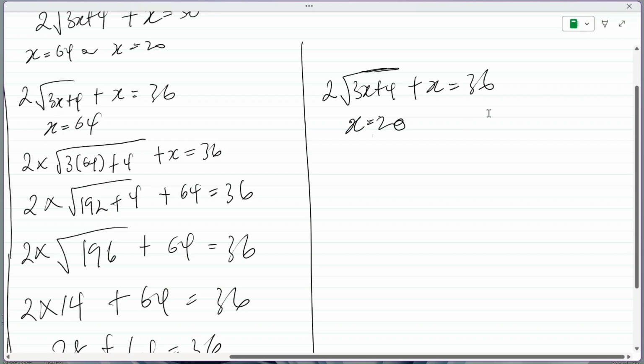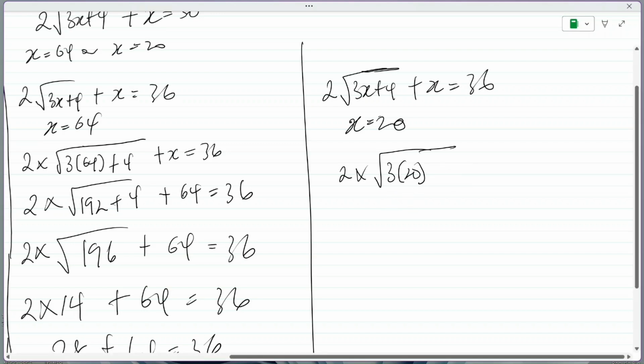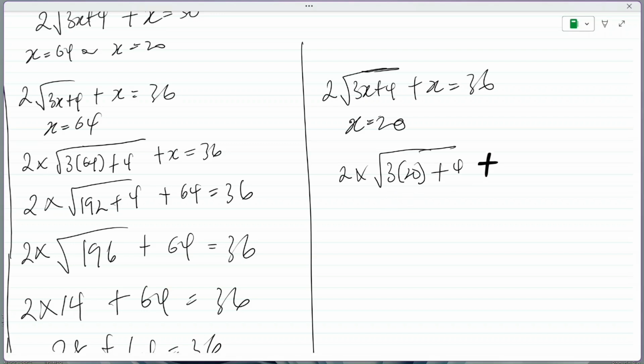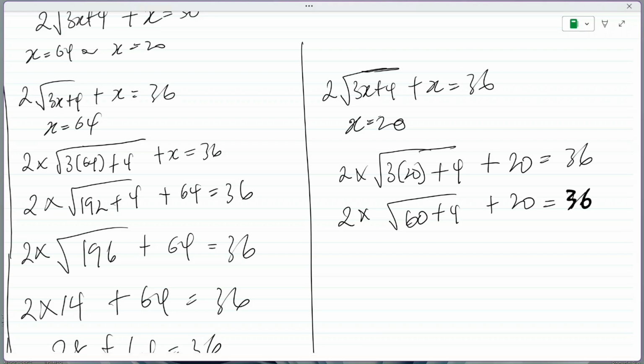Let's solve to prove. You have 2 times square root of 3 in bracket 20 plus 4 plus, x is 20, this external x, so you have 20 equals 36. You change the value of x to 20. On the next line, you have 2 times square root of 3 times 20, which is 60, plus 4 plus 20 outside the square root equals 36.